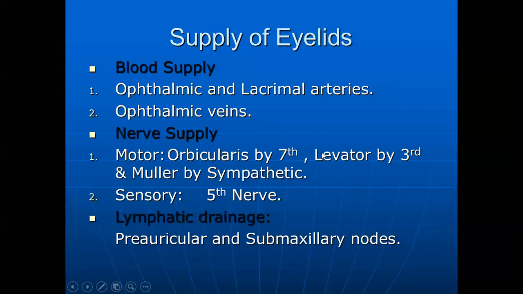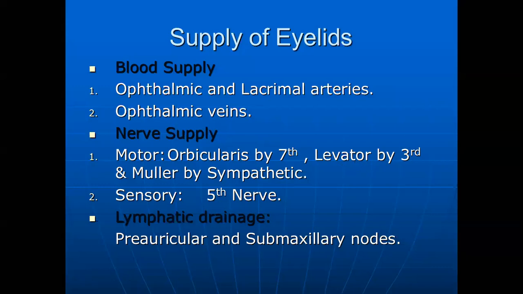Again, clinically, it has importance because whenever there is facial nerve palsy, the patient will not be able to close the eyelid because the muscle which closes has been paralyzed. Similarly, whenever a patient has third nerve palsy, the patient will not be able to open the eyelid because the muscle that opens it has been paralyzed. When the eyelid is unable to open, it will droop.